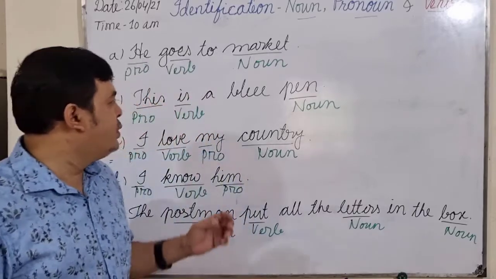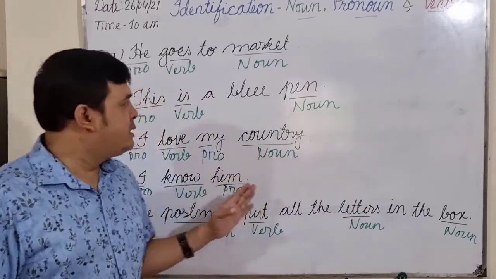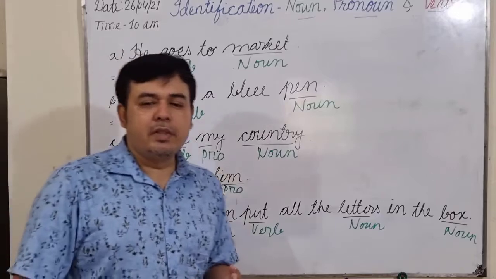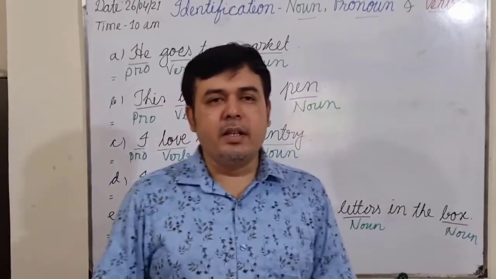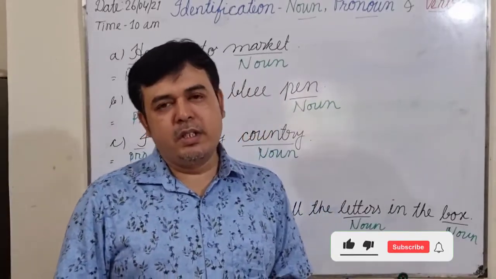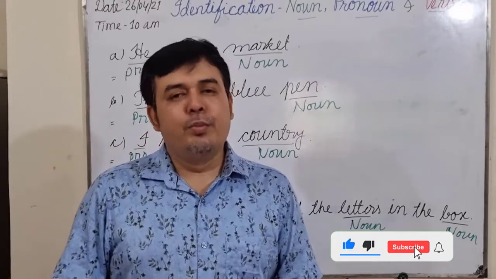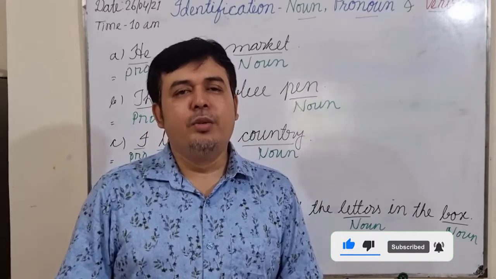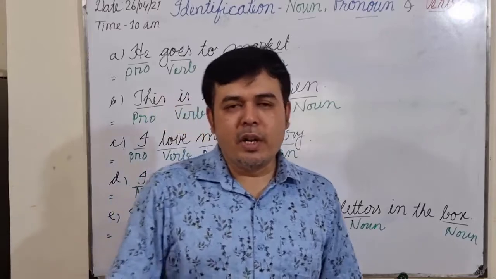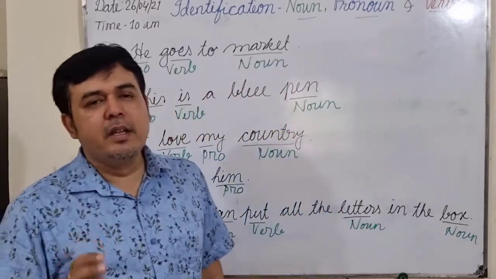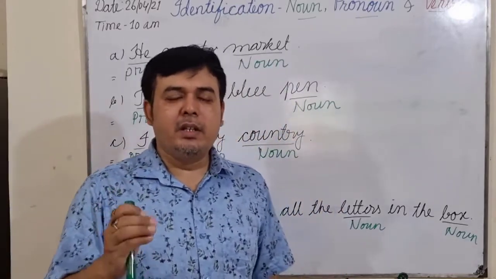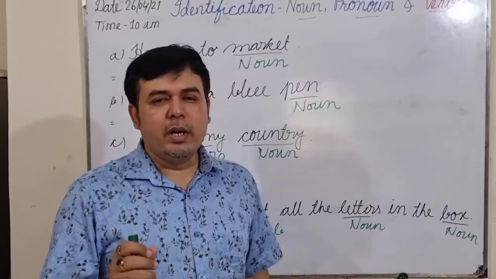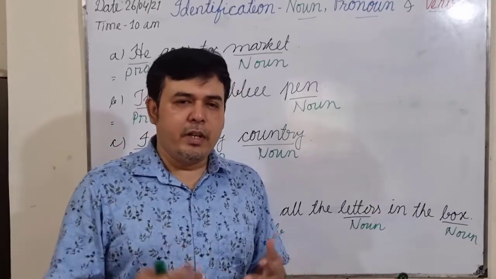So, dear students, I hope that you understand. The three things that we'll discuss in the first evaluation test are noun, pronoun, and verb. So what is a noun? If there is the name of anything, that is called a noun. The name may be of any person.